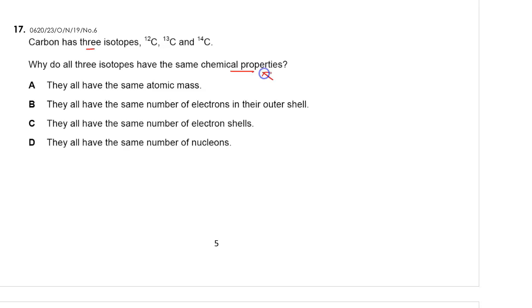Chemical properties are due to valence electrons, and carbon has 4 outer electrons. Remember, the electronic configuration of carbon is 2, 4. Carbon has 6 electrons. So each one of these isotopes has 4 electrons in the outer shell, and therefore those electrons are responsible for chemical reactions and therefore chemical properties.